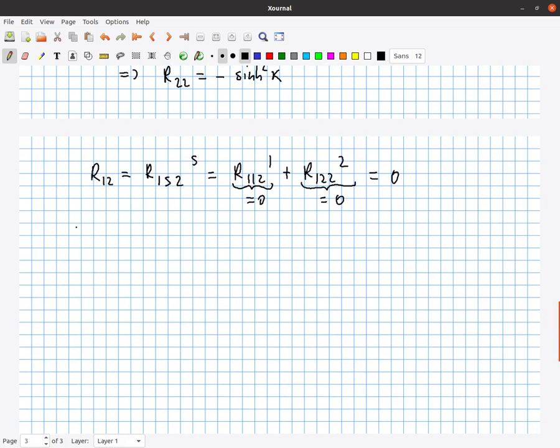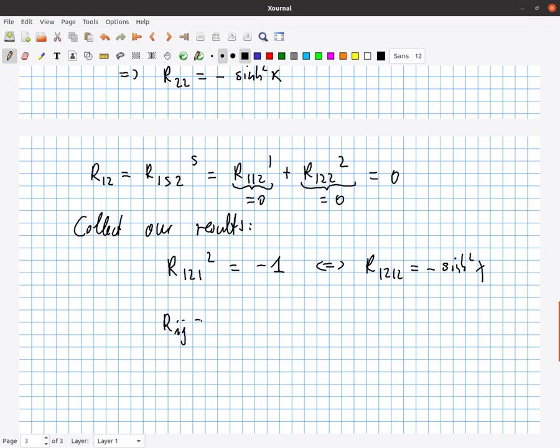If we now collect our result, we have the one non-vanishing component of the Riemann curvature tensor, which is equivalent to 1212 equals minus sinh squared kappa, and maybe slightly more interesting, the components of the Riemann tensor can be collected like this. I'm sorry, this is the Ricci tensor, of course.